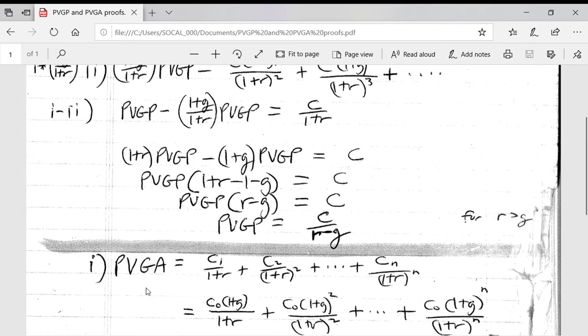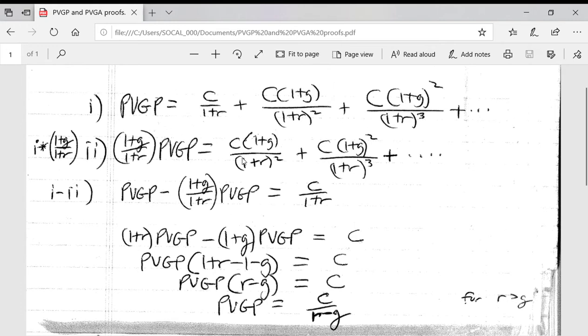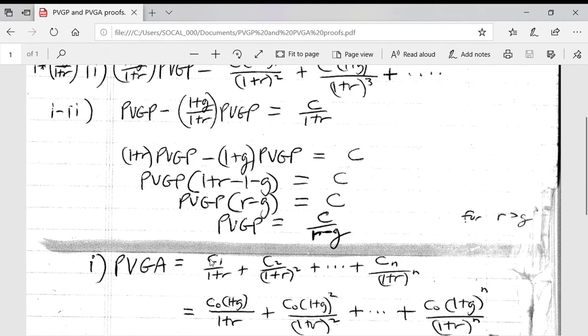But a growing annuity differs from a regular annuity in that the sizes of the cash flows differ. In fact, we'll have the same relationship between successive cash flows with growing annuities as we did in a growing perpetuity. That is, each cash flow is bigger than its predecessor by a constant.